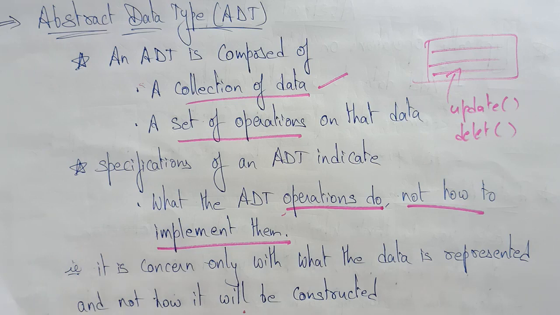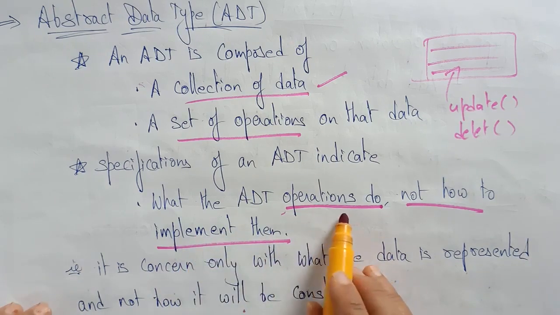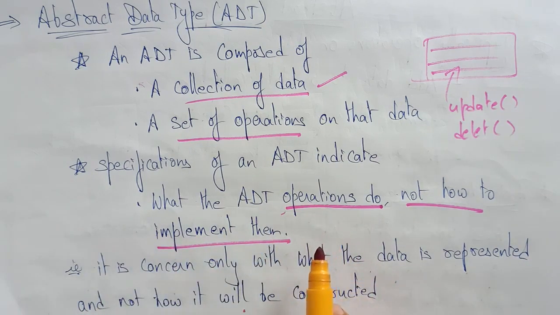You just answer the call, or you can send a message. You can lift the phone by clicking the button. That is one of the operations. And it is not showing the implementation detail, how internally the call is going to be connected. That is the specification: what operations the abstract data type can do, but not how to implement them.